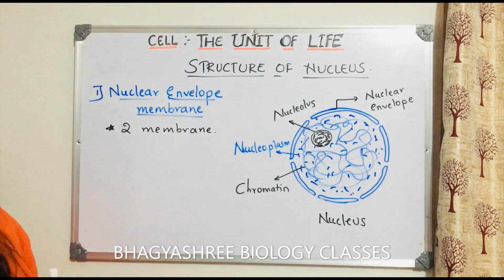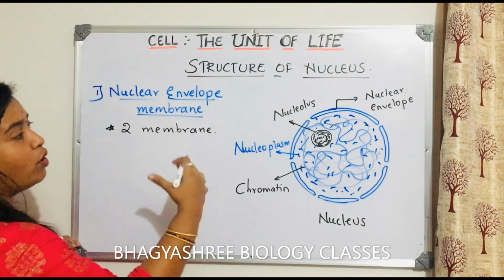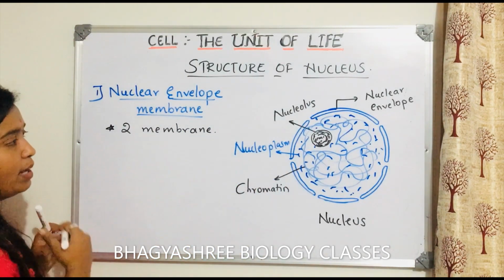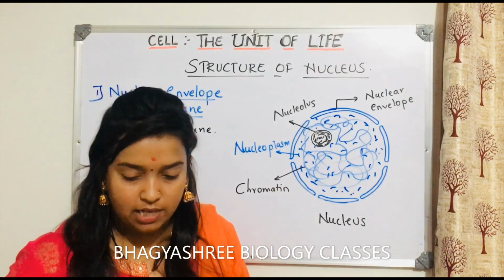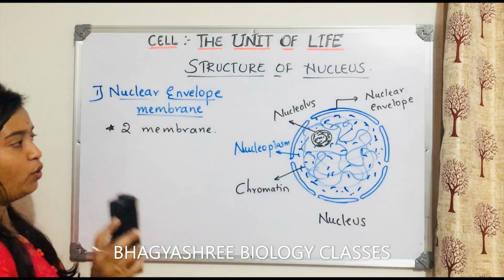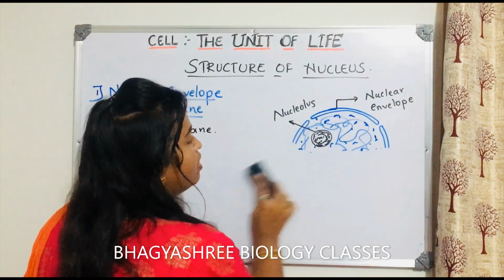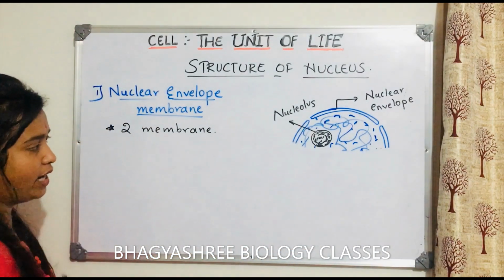Then we will see what all is there in this nuclear membrane. For this I need to rub this diagram because I don't have place, so I'll rub it and show it in detail. Let's keep it half, so that if any doubts we can clear it.